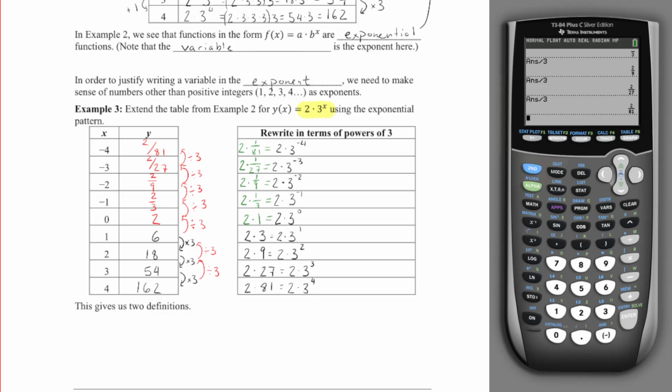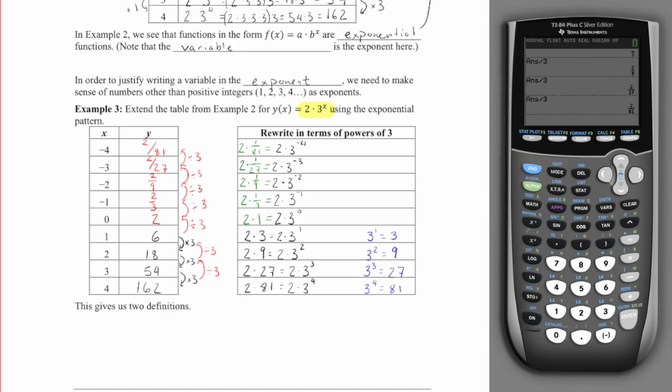And based on this pattern then, I think I see what my powers of 3 are. We already knew 3 to the first is 3, 3 to the second is 9, 3 to the third is 27, 3 to the fourth is 81.